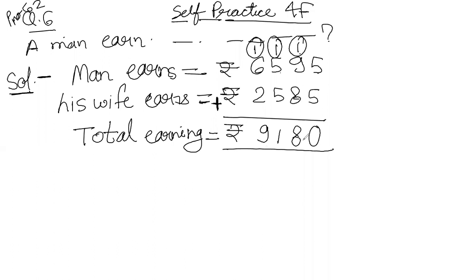Now what is written in the word problem? If they spend rupees 7,800 per month.